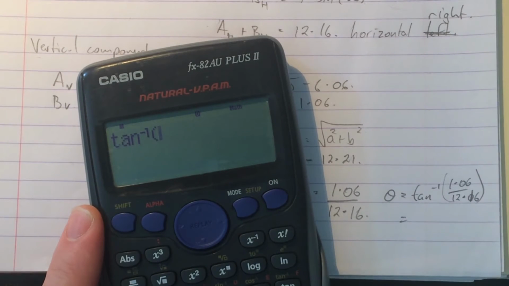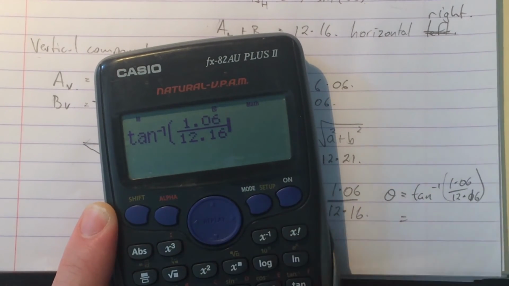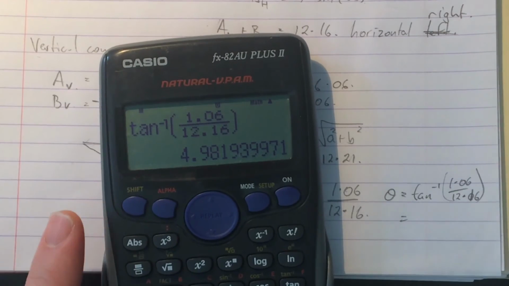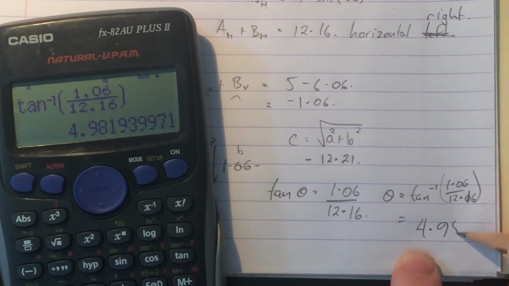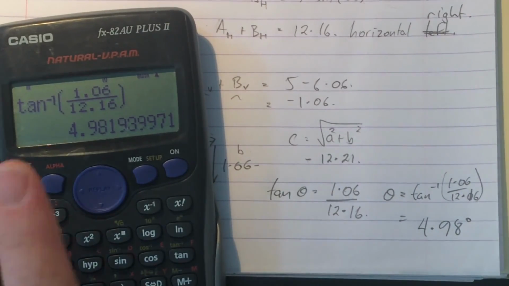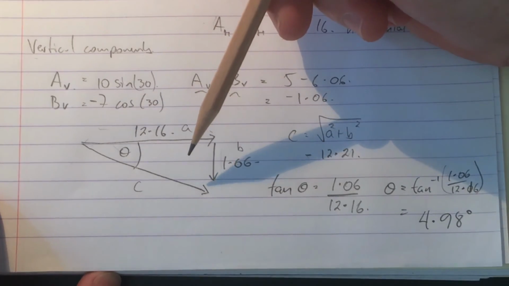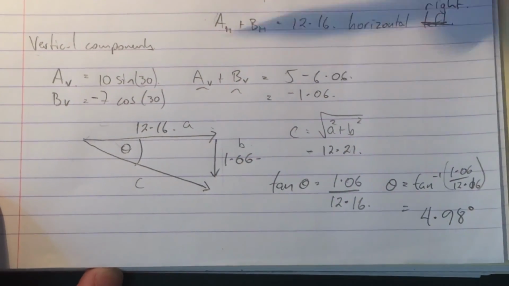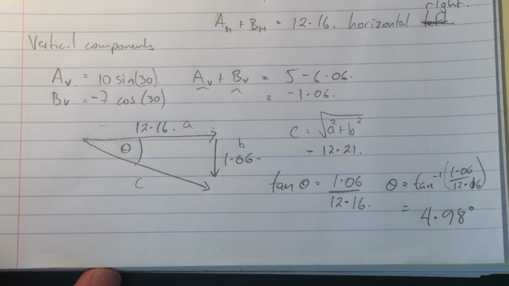We get 4.98 degrees. Okay, so our angle is 4.98 degrees below the horizontal, and the length is 12.21 units. And that's how we use trigonometry to add two vectors.